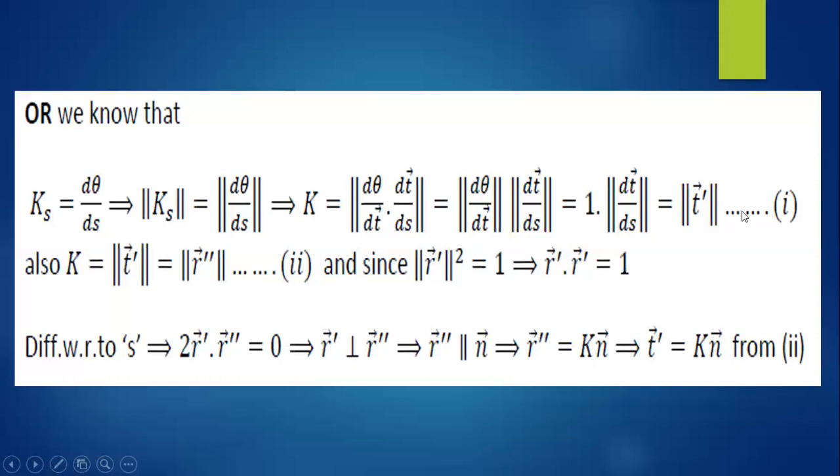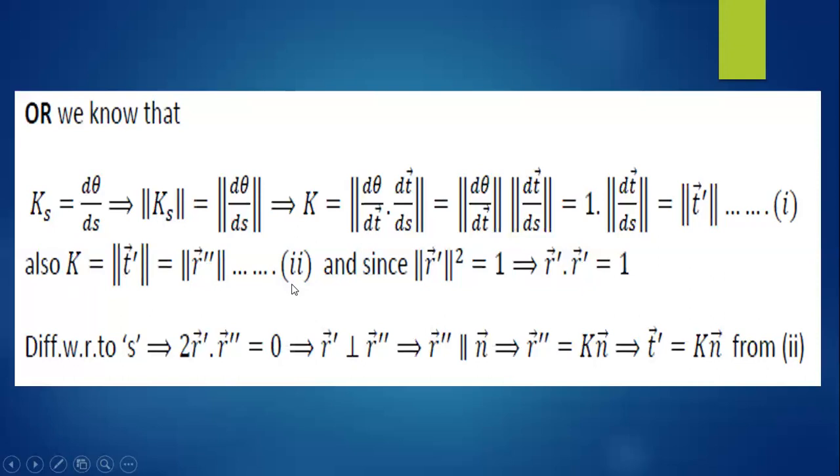Let us call this equation number 1. Also, kappa is equal to t prime, which is equal to r double prime, meaning the double derivative of position vector r. We call it equation number 2.